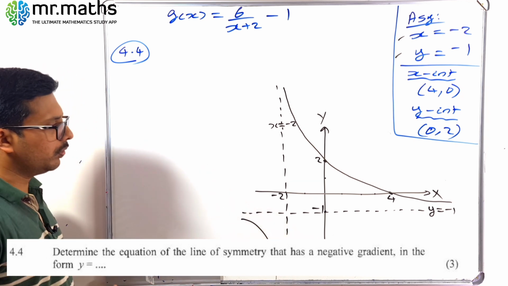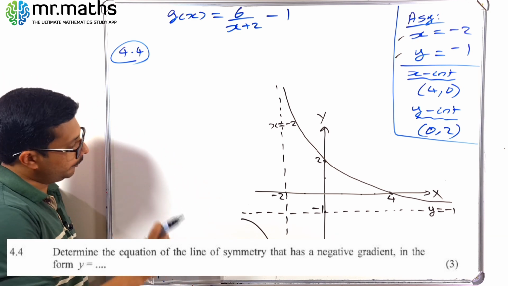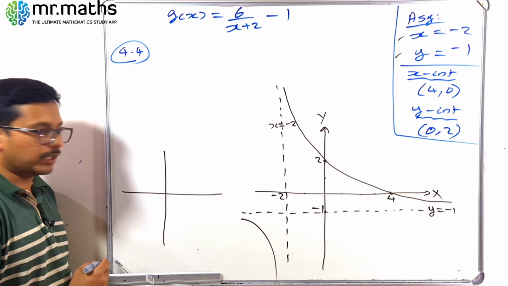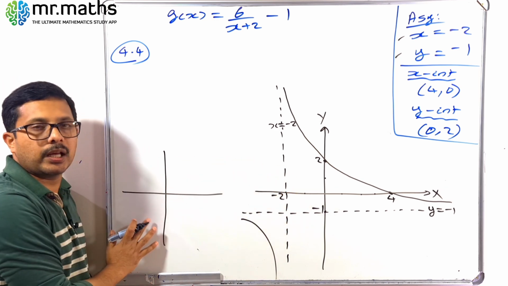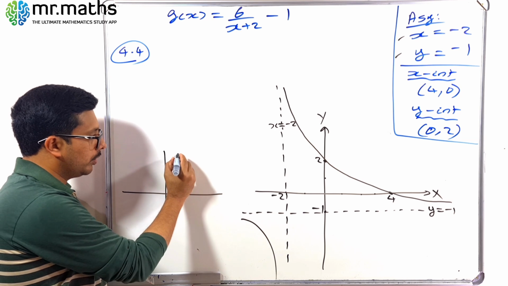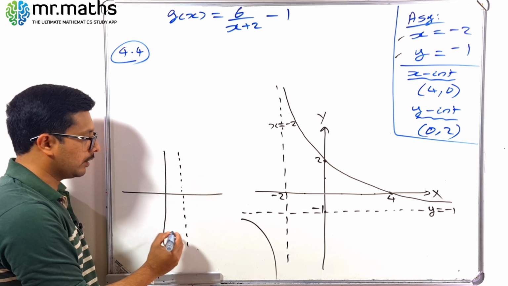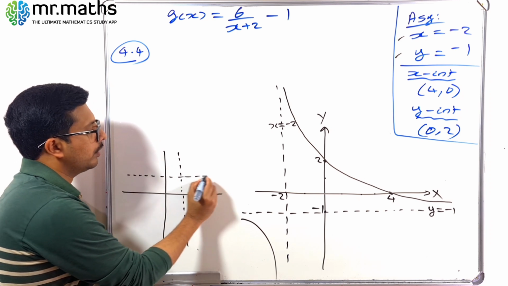So before I explain this one, try to listen carefully here, and I am going to draw a rough graph of not this one. Okay, I'm just explaining another example. Okay, so look at this. In this graph that I'm going to draw, this is one asymptote, and this is another asymptote.